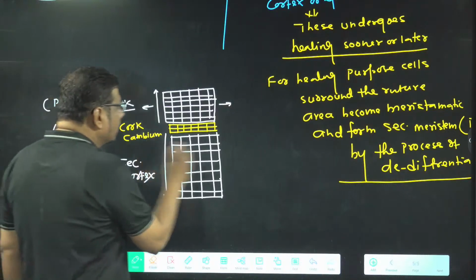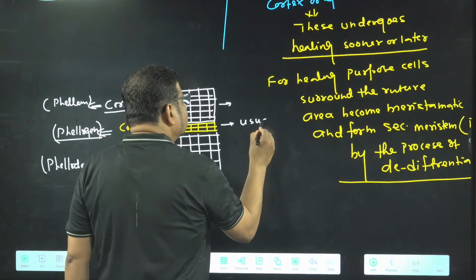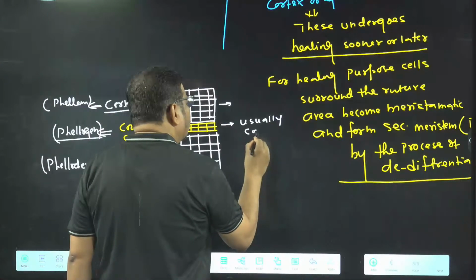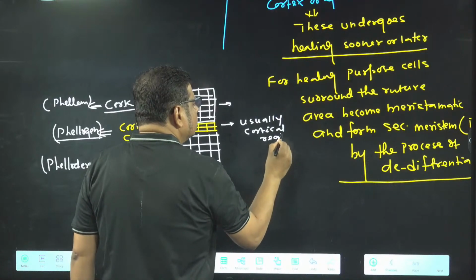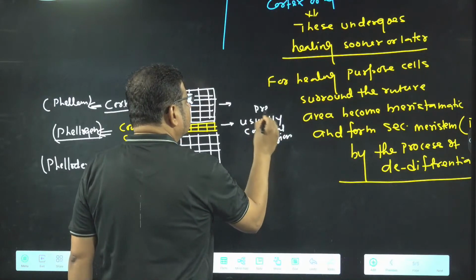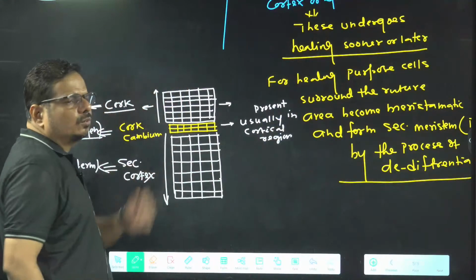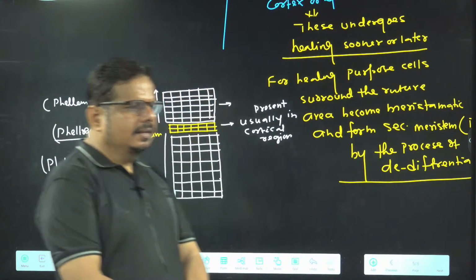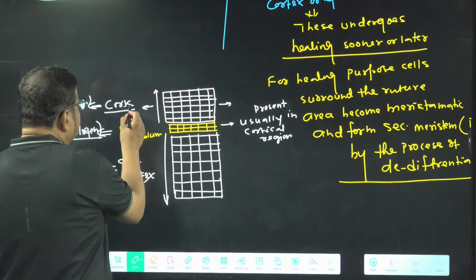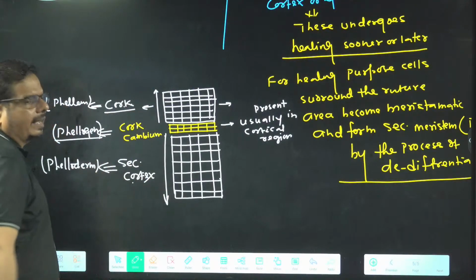So this cork cambium forms in which region? Usually the cortical region. Cork cambium is present usually in the cortical region. And toward outside they are forming cork, and toward inside they are forming which one? Secondary cortex.